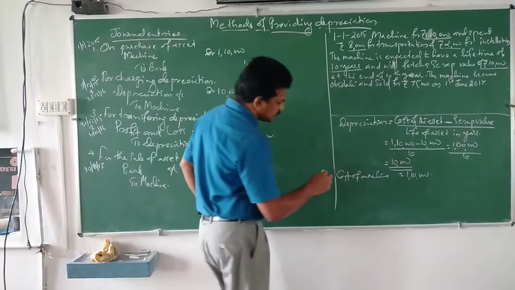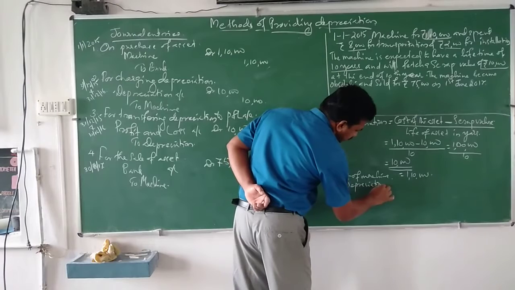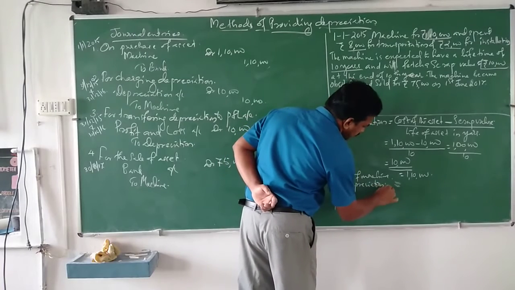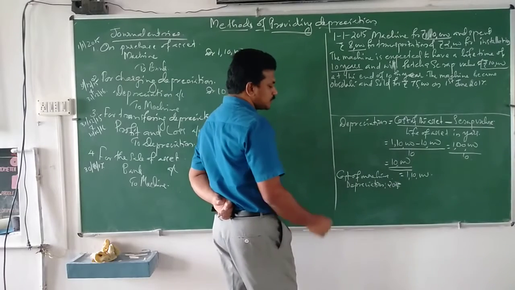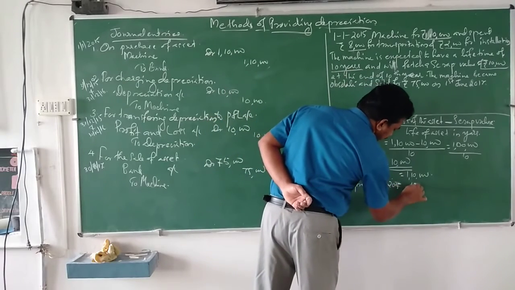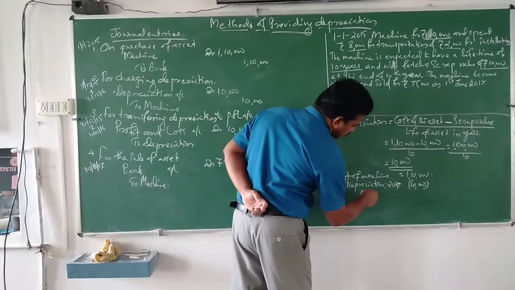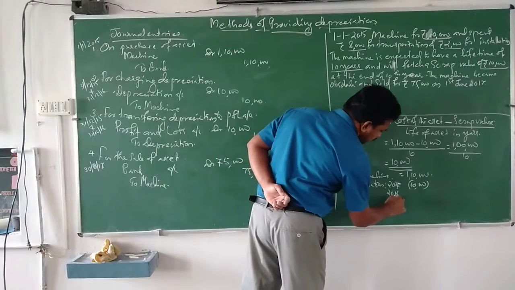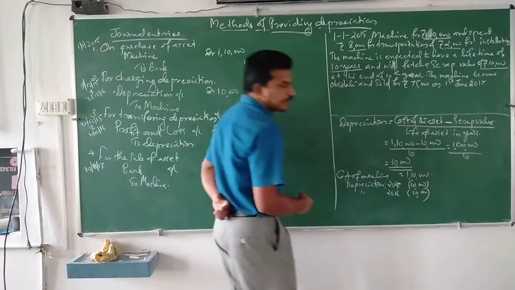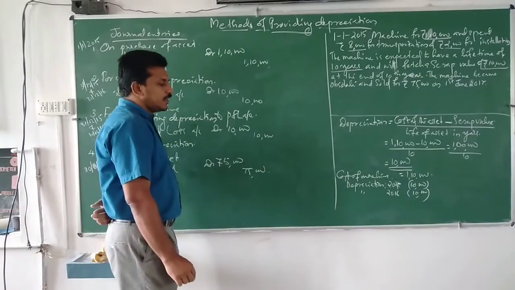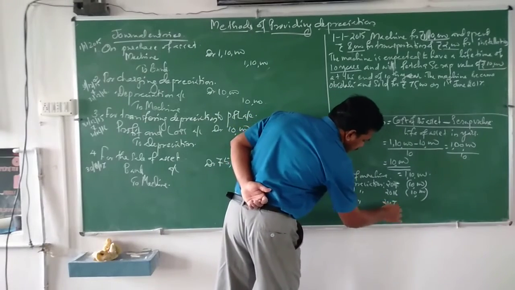Then from that, depreciation for 2015, the first year depreciation, how much? It is 10,000, that is to be deducted. Then next year depreciation for 2016, how much? Again 10,000. And depreciation for 2017.